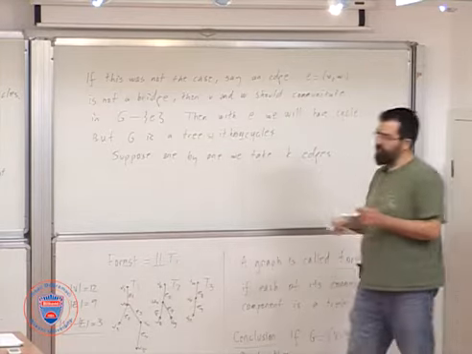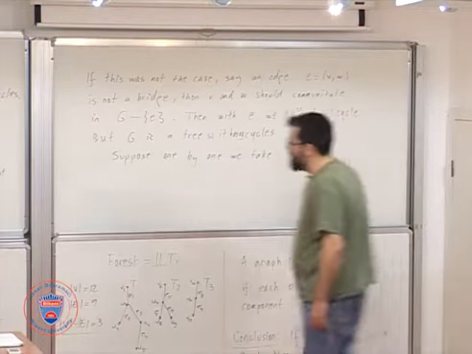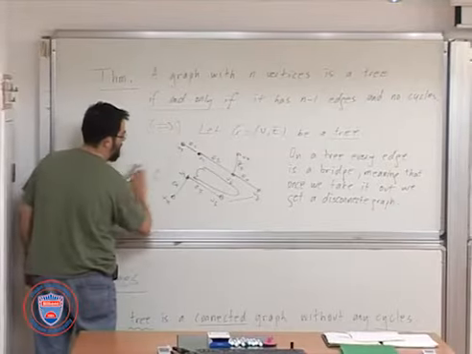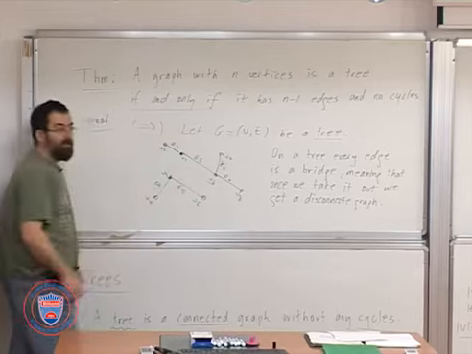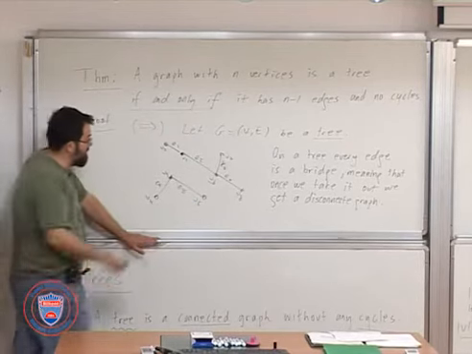When you take one edge, you get two components. But then you choose a second edge and take it out.